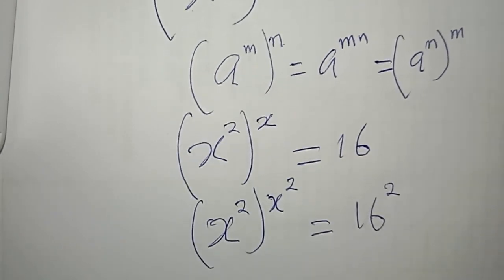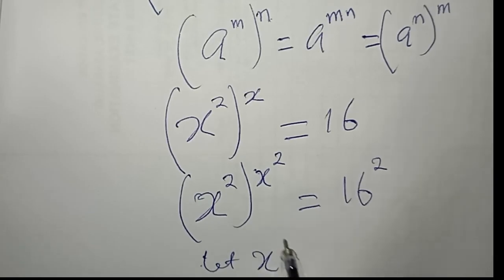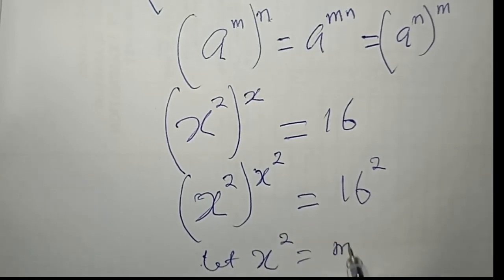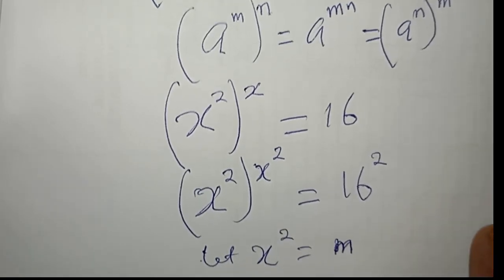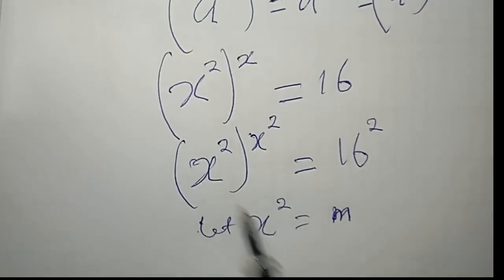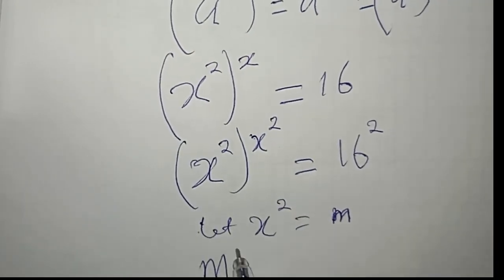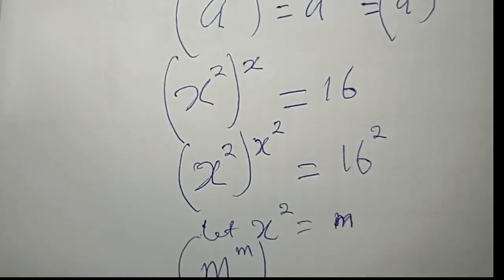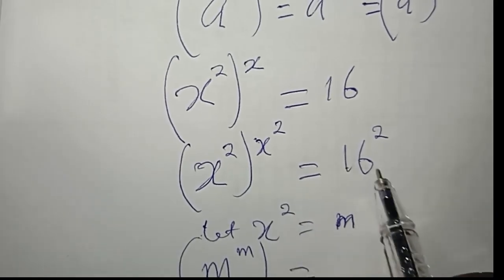Good. So I am going to be making some substitutions so that this reduces. And if I do that, I can just say let x power 2 be equal to m. So that if I substitute, I now have that this is m power m is equal to 16.